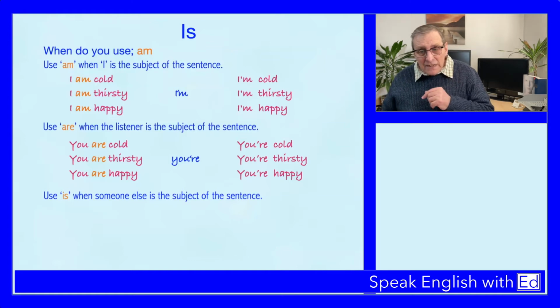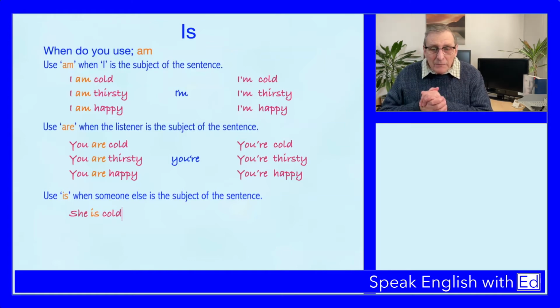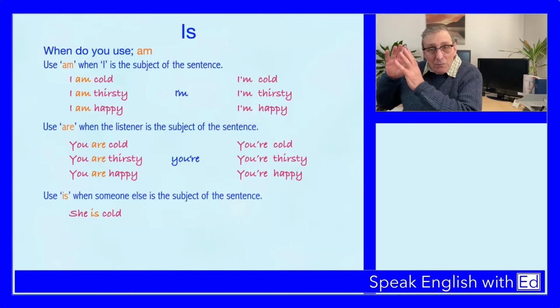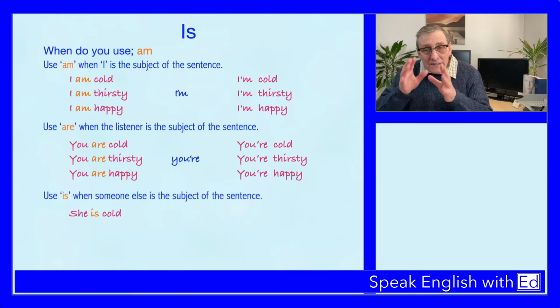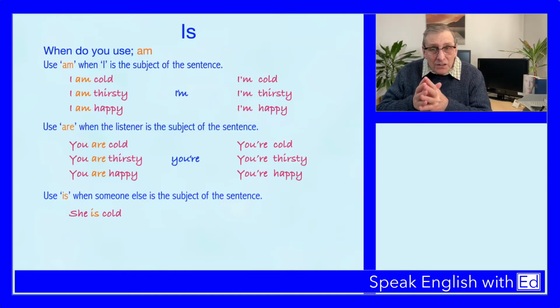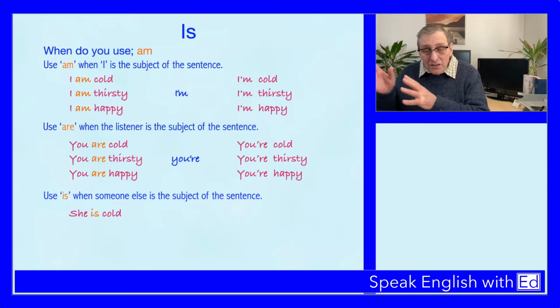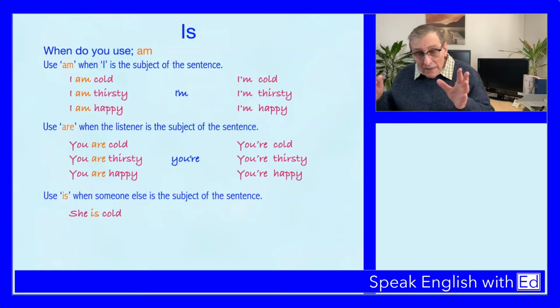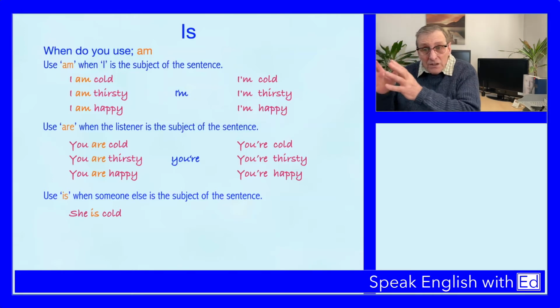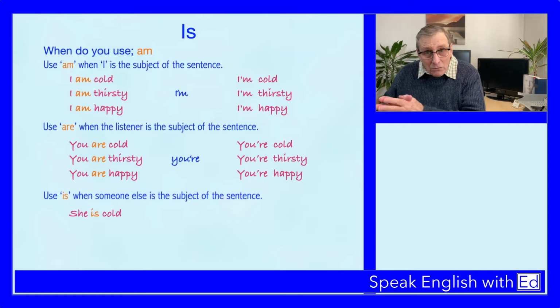So you can say, she is cold. You say she because you're talking about a lady who isn't the person that you're talking to. She could be here, but you're not talking to her. You're talking about her to somebody else.